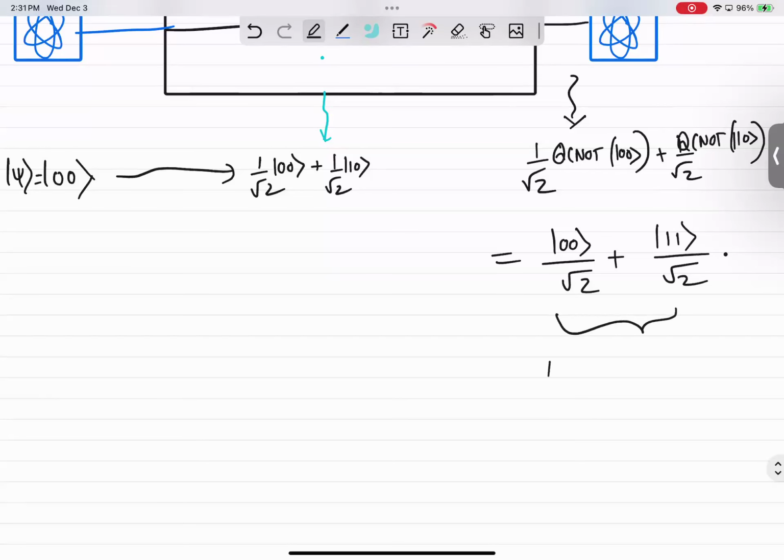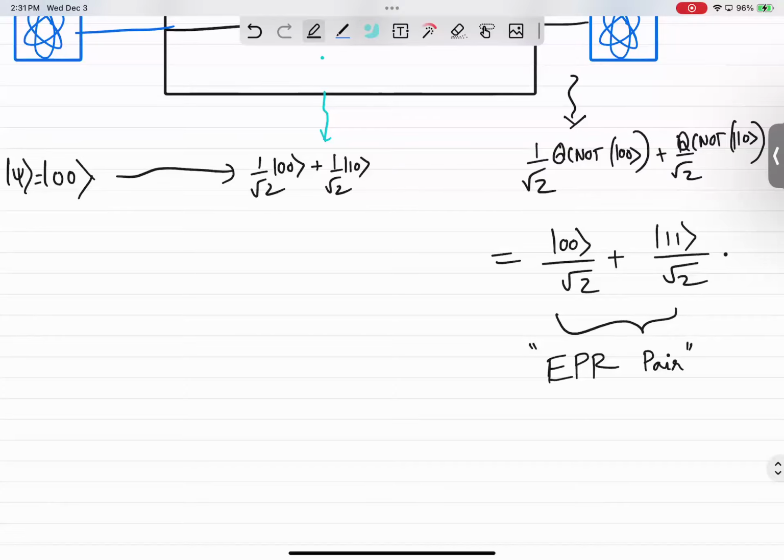And this is called an EPR pair, named after Einstein, Podolsky, and Rosen, who introduced an experiment involving these sort of qubits. Okay? So the interesting thing here is that you have 2 qubits, right?